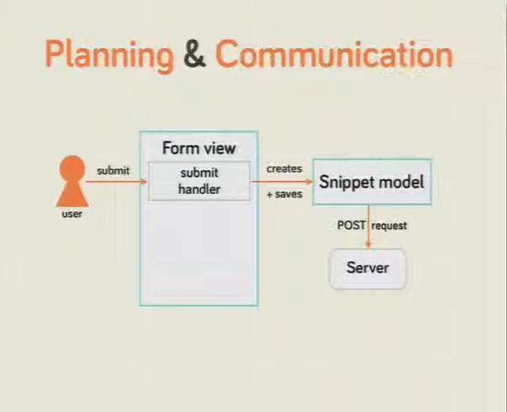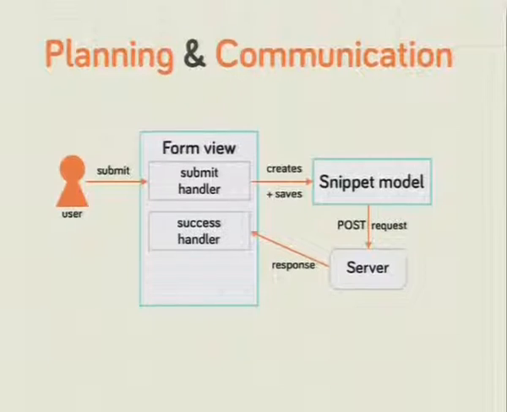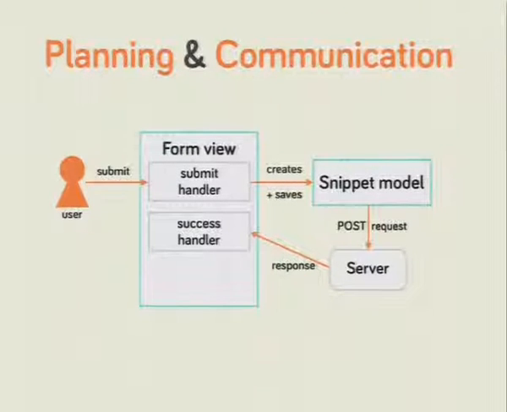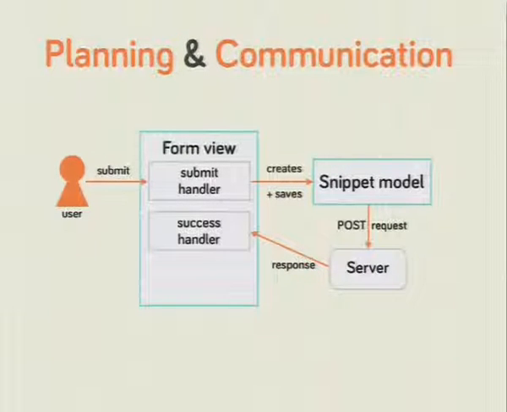That snippet model is then responsible for making the actual post request to the server that's going to save it into the database on the server. And the server will respond back saying that's all done successfully, and the responsibility is then handed back to the view, which has a handler for the success and shows our confirmation message. So fairly simple. But there's two units here, so we've got the model and the form.